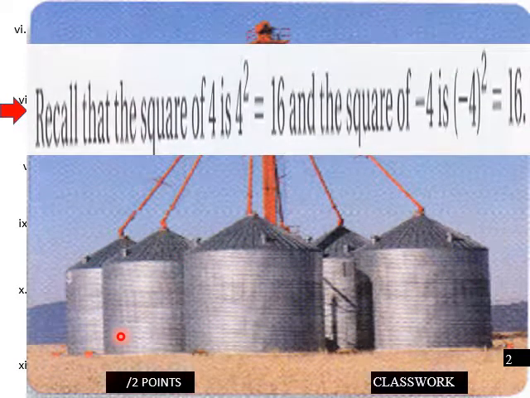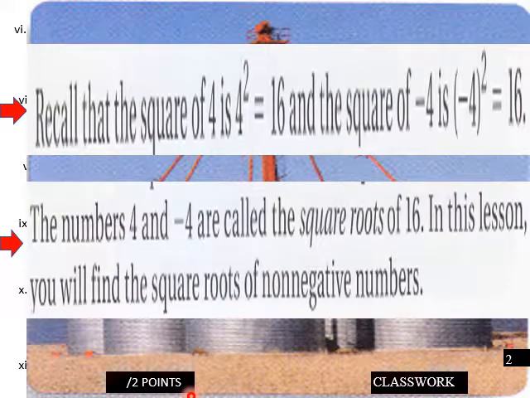Recall that the square of 4 is 4 squared equals 16, and the square of negative 4 is negative 4 squared equals 16. The numbers 4 and negative 4 are called square roots of 16. You will find square roots of non-negative numbers. We're not going to get to imaginaries yet.